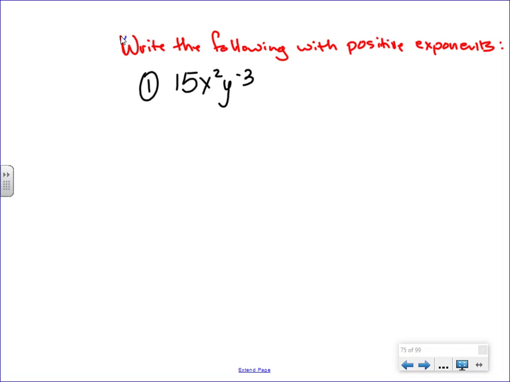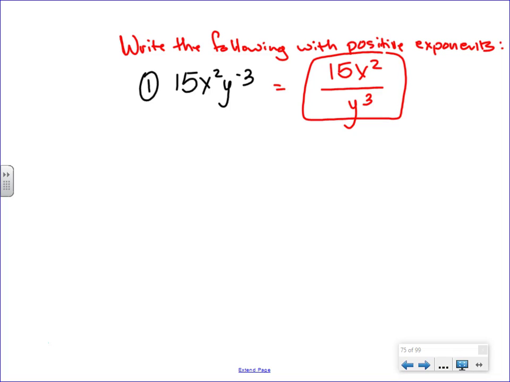It's 15x. No, it's not a radical. Oh, 15x squared over y. Oh, I know. Negative exponents mean we need to take the reciprocal of that variable.